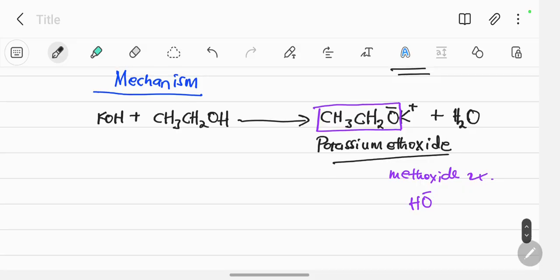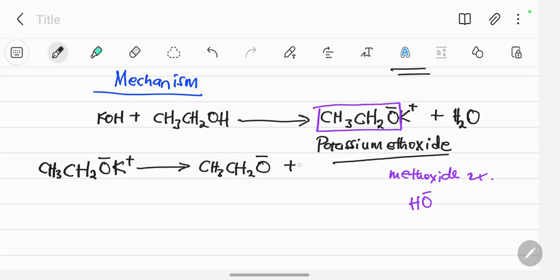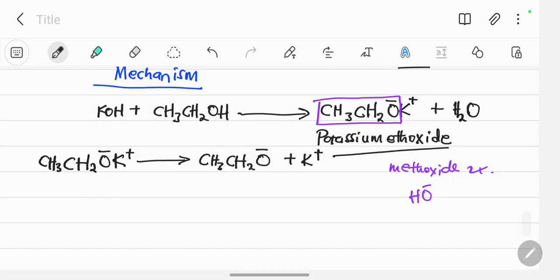But after generating that, potassium ethoxide is going to give us CH3CH2O⁻ and K⁺.